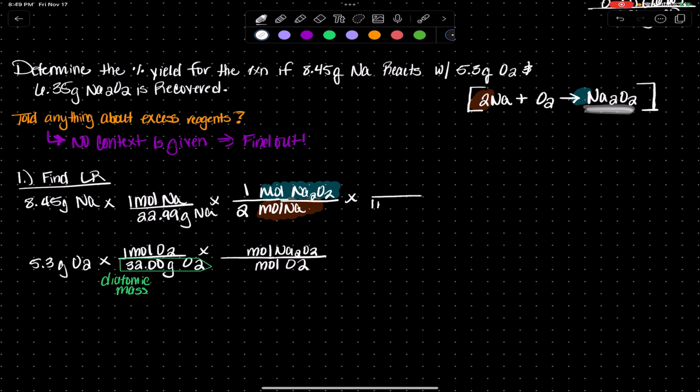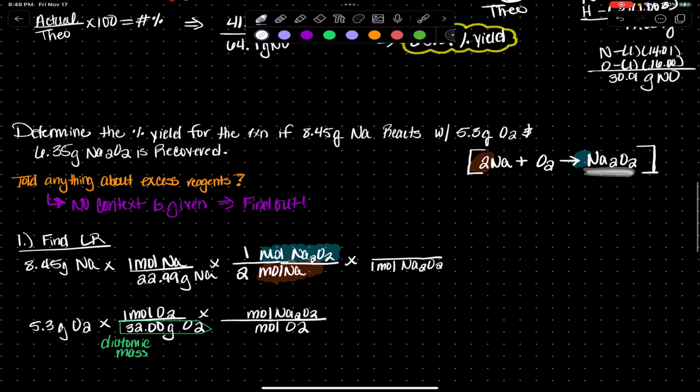So for every 1 mole of Na2O2, I have a certain number of grams coming from that molar mass value. We get 2 of those, 22.99. And then 16, of course, since it's in a compound, get to use it just like it's meant to be.